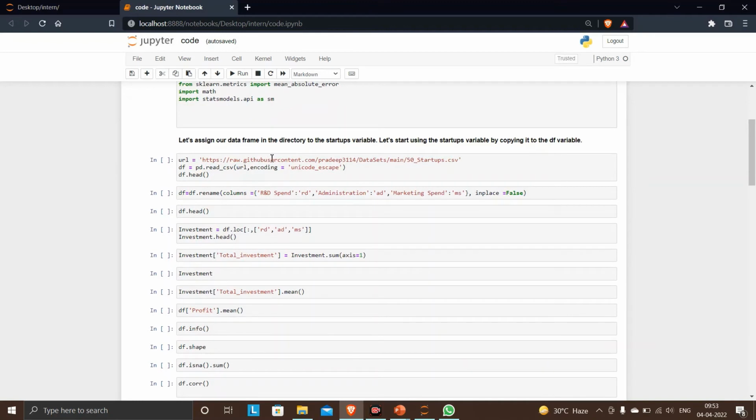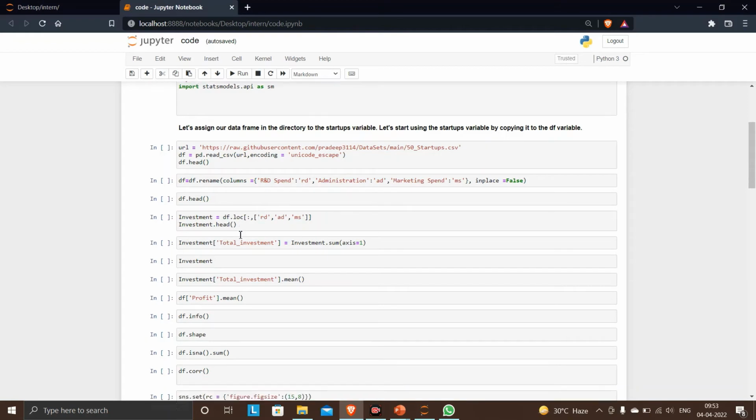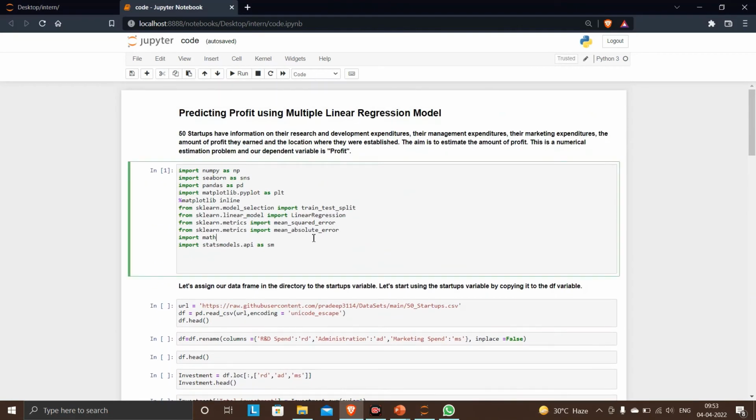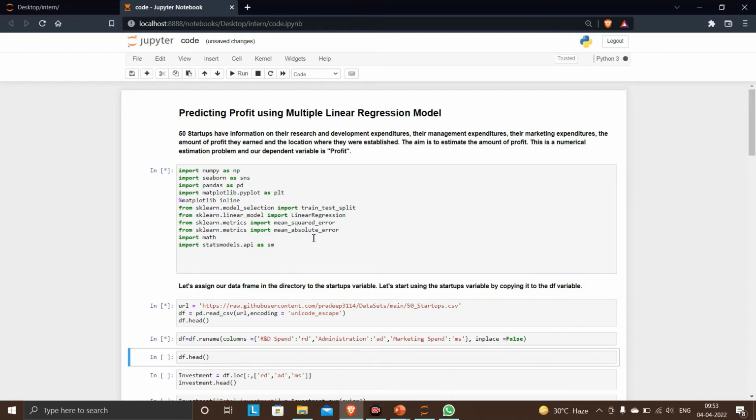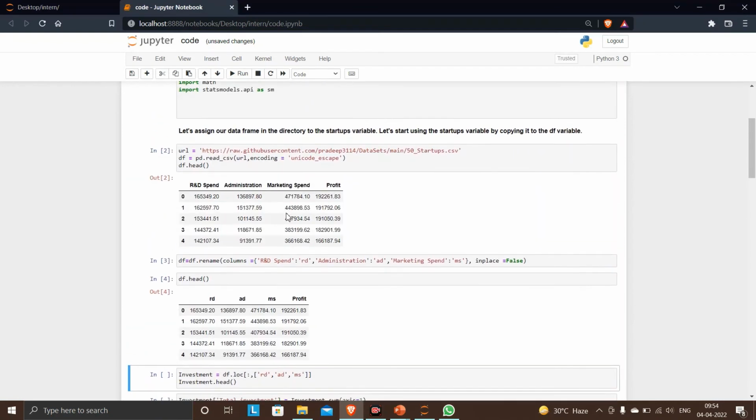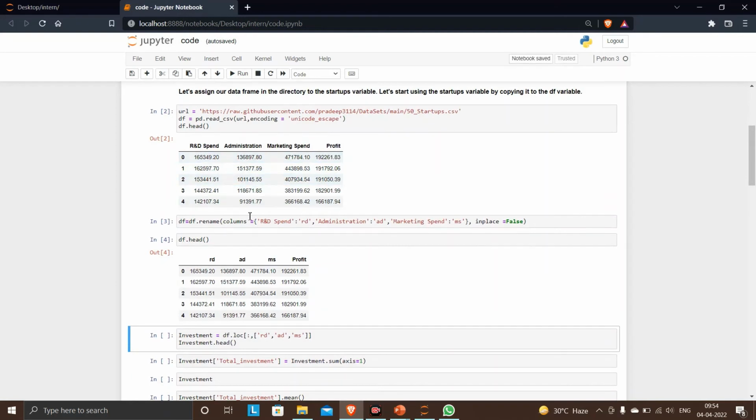I have already told you about importing the dataset in my Jupyter notebook. Here I have used the rename function to rename R&D spend as RD, administration as AD, and marketing spend as MS, so that it will be easy to code because a small abbreviation is used. So I am executing these. This is the data set I have used.